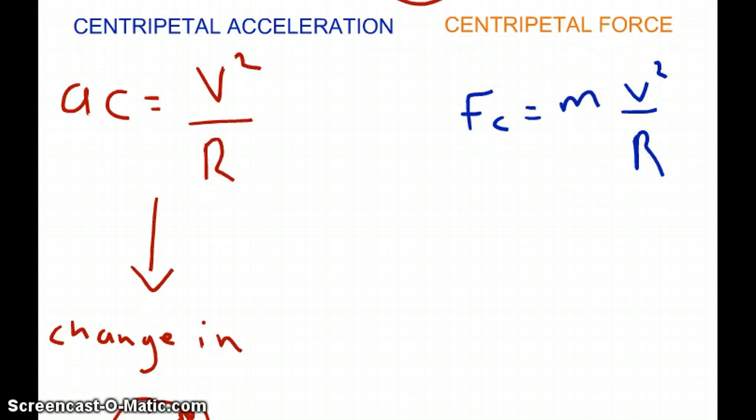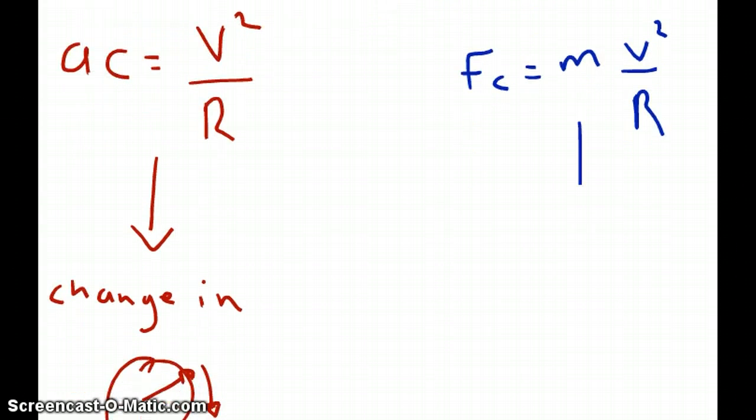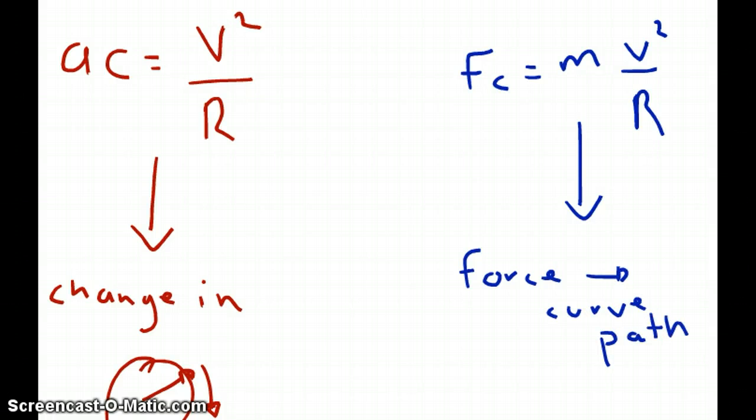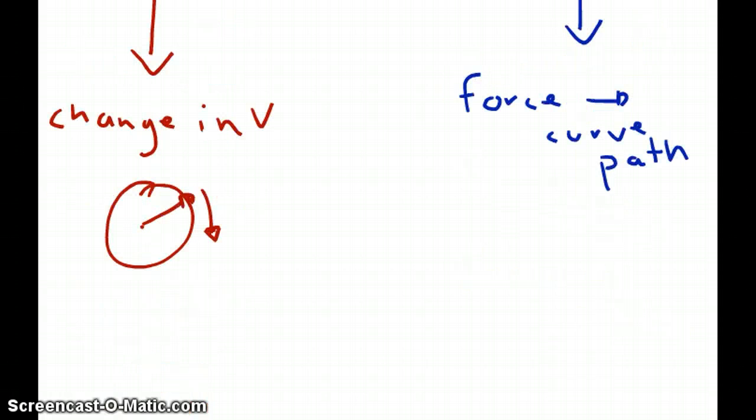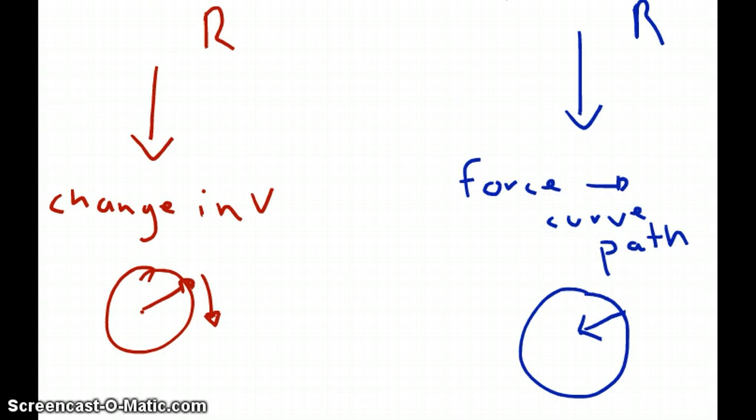In the case of centrifugal force, we will have as a result the force that makes a body follow a curved path, as shown in the drawing. So we have here our little circle, and I'll try to show the force that makes the body follow the curved path.